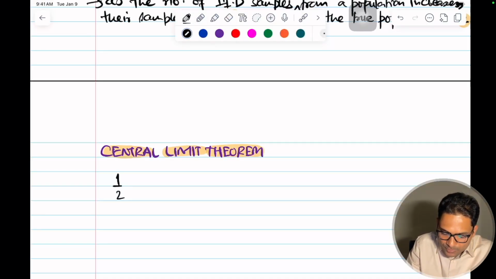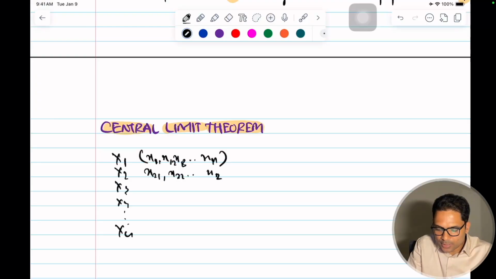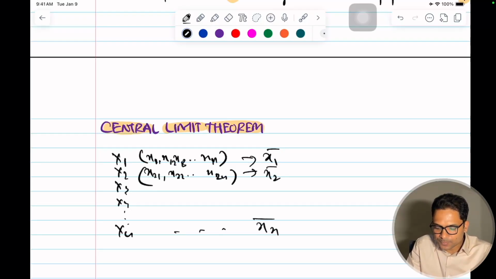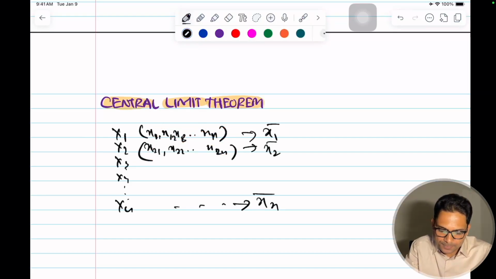For example, there is one sample x1, x2, x3, up to xn, and then the next sample x11, x12, x13, like that up to x1n, and this will have x21, x22, till x2n. They all have n samples, and each one will give me x1 bar, x2 bar, and similarly xn bar. So I have these samples, each one has these many, say n is 100 here.